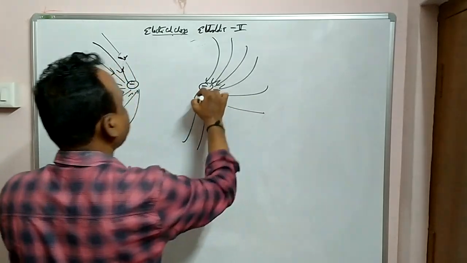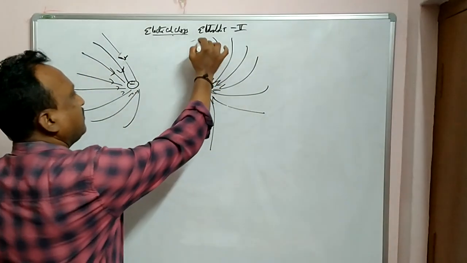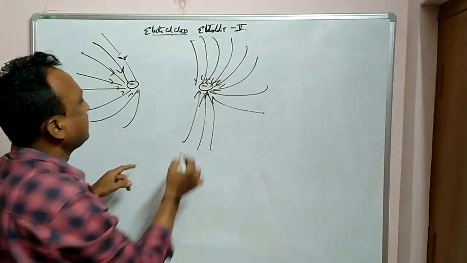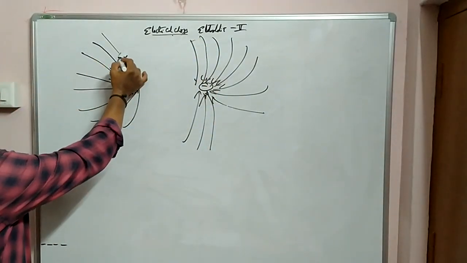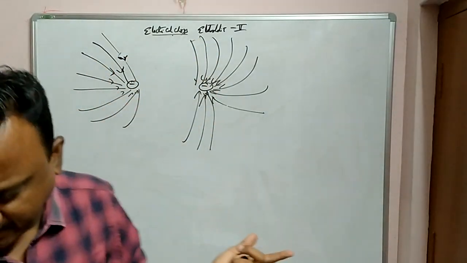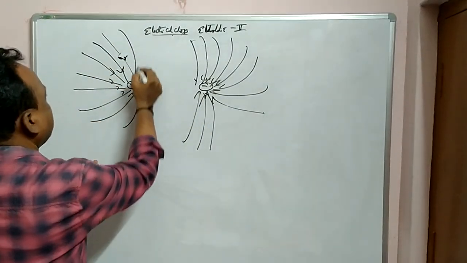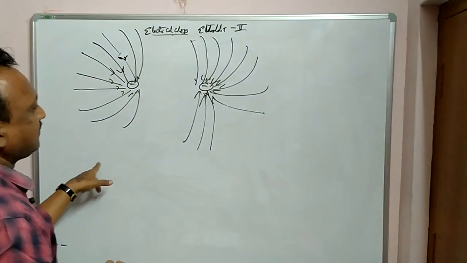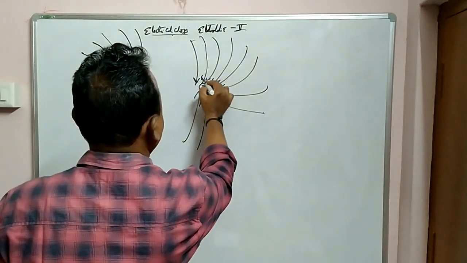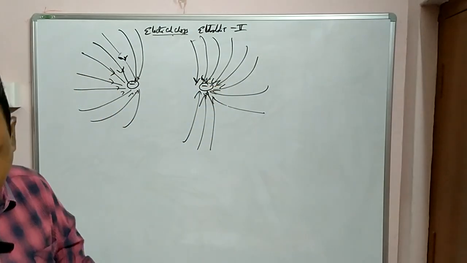So these are the field lines for negative charges. You can see, you can draw as many lines as you like. For a negative charge, the lines are coming to the charge, and for a positive charge they go away. These are the properties. They are coming towards the charge, you can see the arrow marks, and for positive, going away.